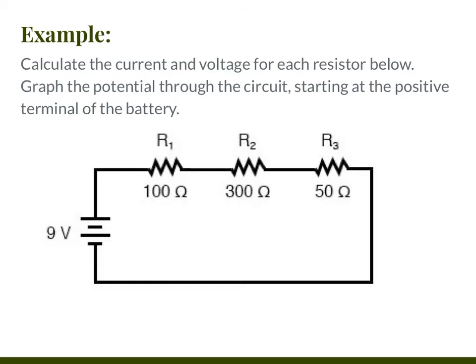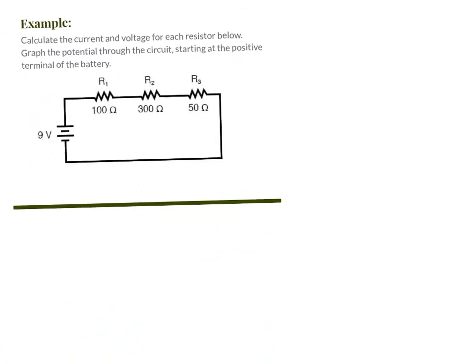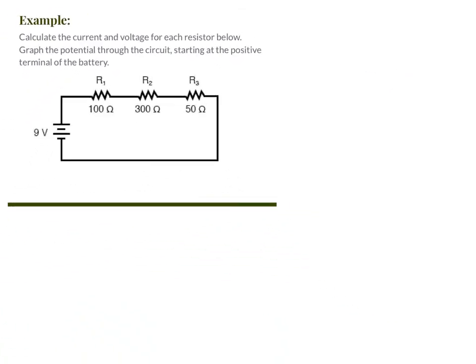So, first step in solving a circuit is to find the equivalent resistance. Step 1, find equivalent resistance, which is R sub S. That means the resistance of the series circuit. In a series circuit, you simply add all of these things up.